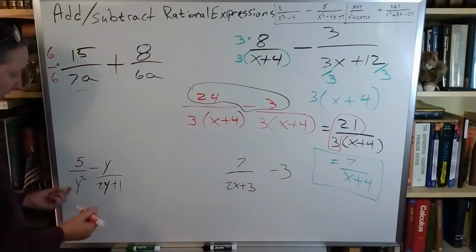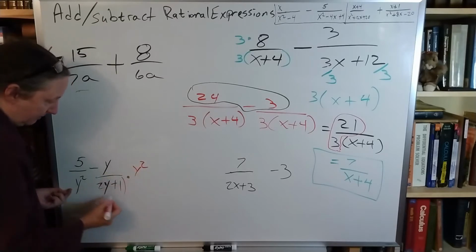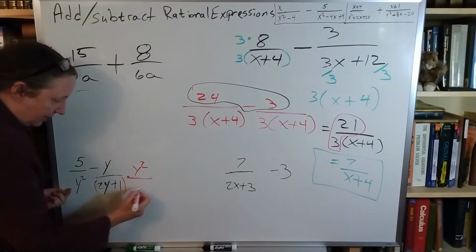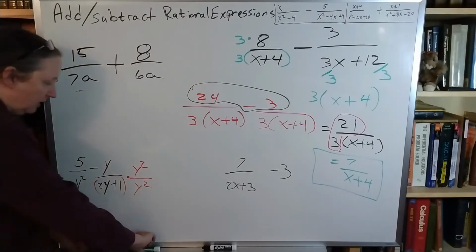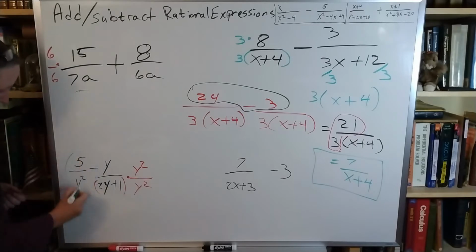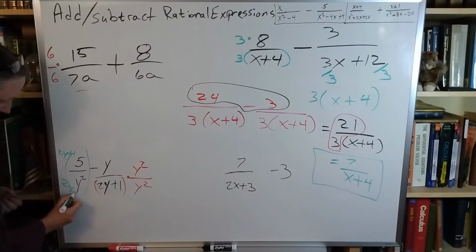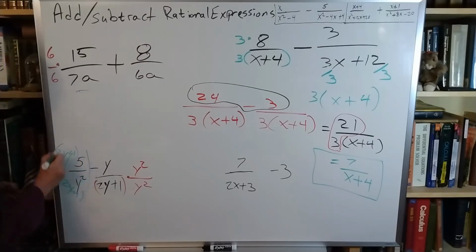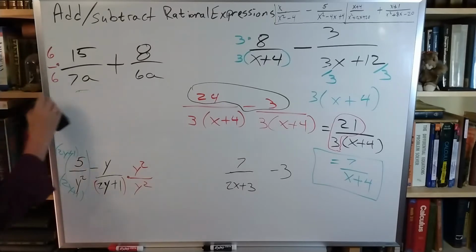So I have to take the y squared times the whole second fraction. I need to take my 2y plus 1 times the whole first fraction. So making room to work that out.